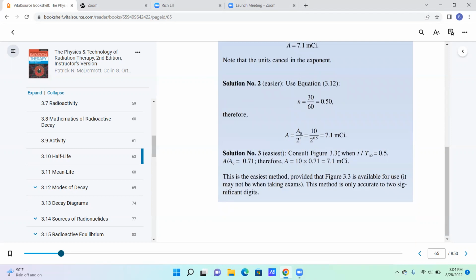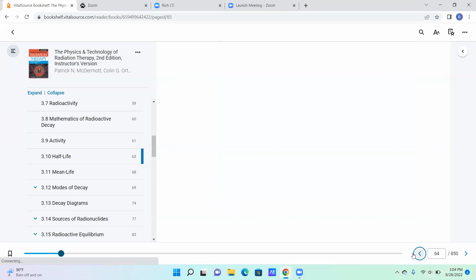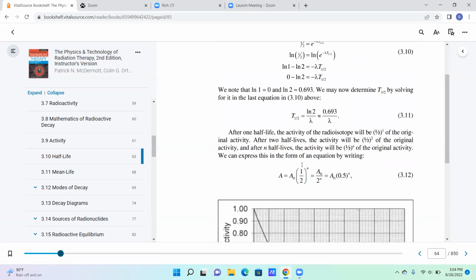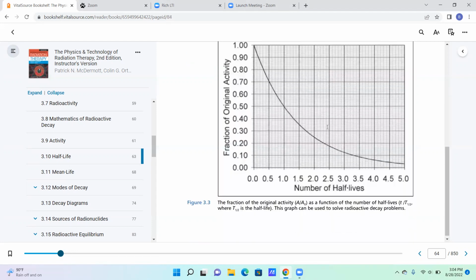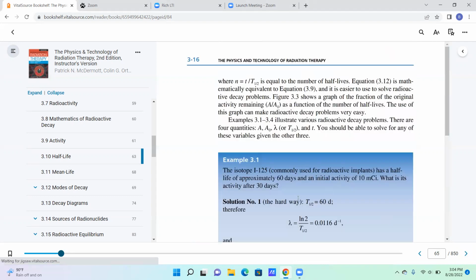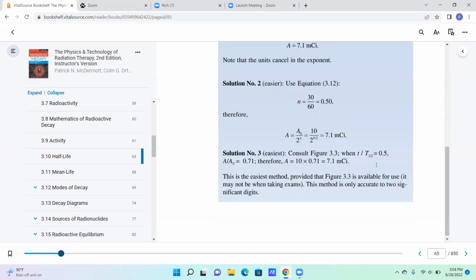And they're saying here solution number 3 is if you consult figure 3.3, which is this right here. T, little t divided by the half-life is going to end up being 0.5.